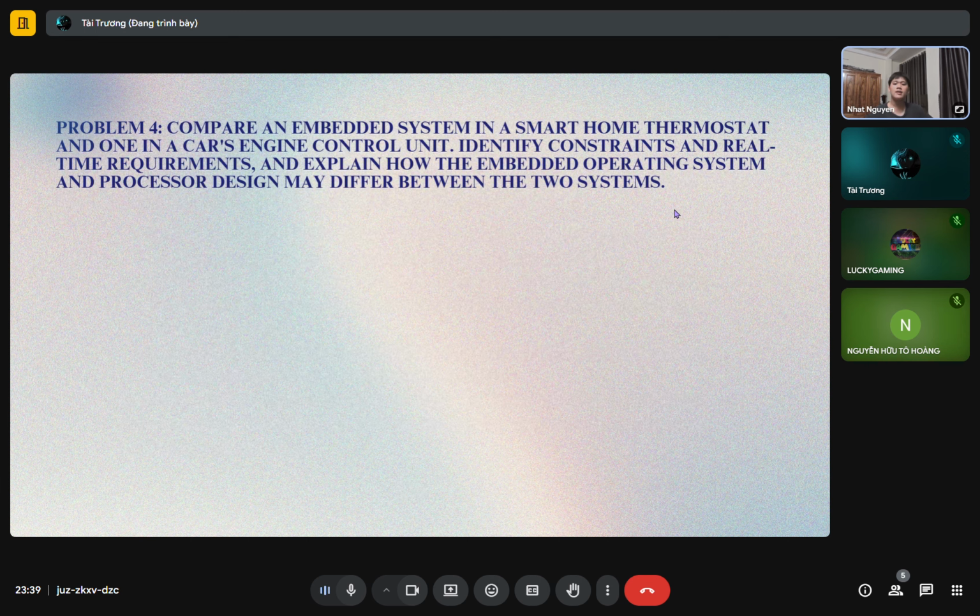Compare an embedded system in a smart home and one in a car's engine control unit. Identify the context and real-time requirements and explain how the embedded operating system and the processor design may differ between the two systems.